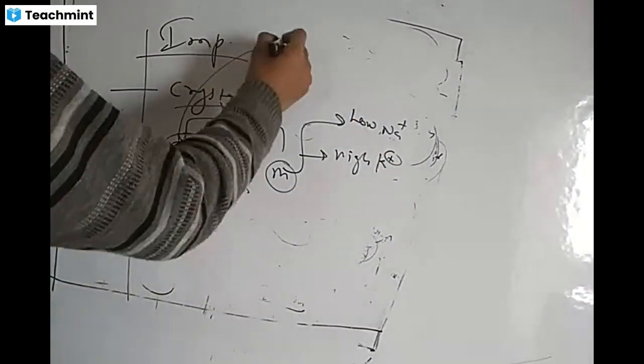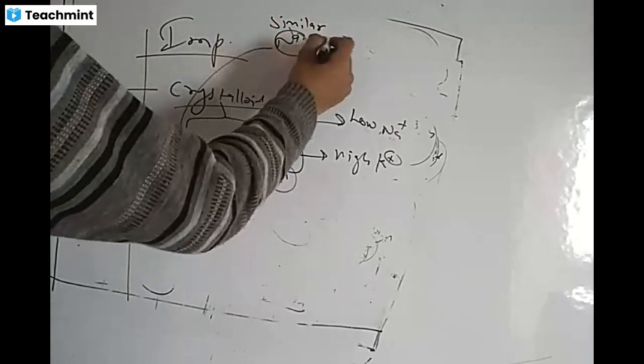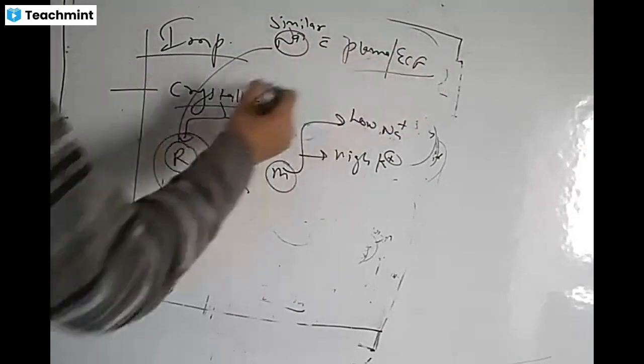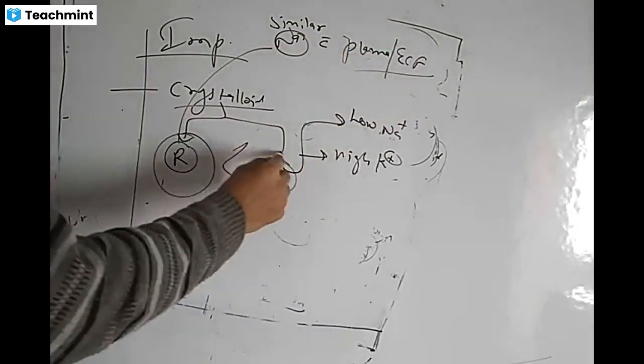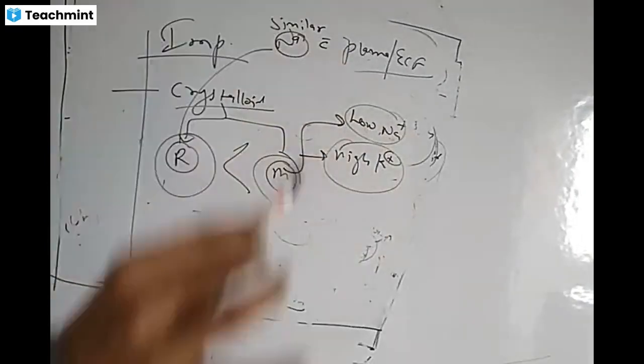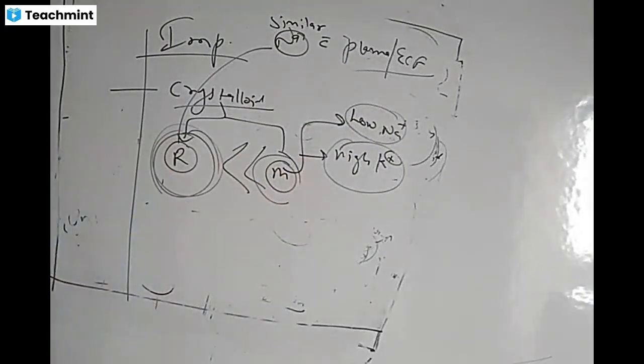The replacement fluids have the same or similar sodium as the plasma or ECF. But the maintenance fluids have low sodium but high potassium than the plasma and also than the replacement fluid.